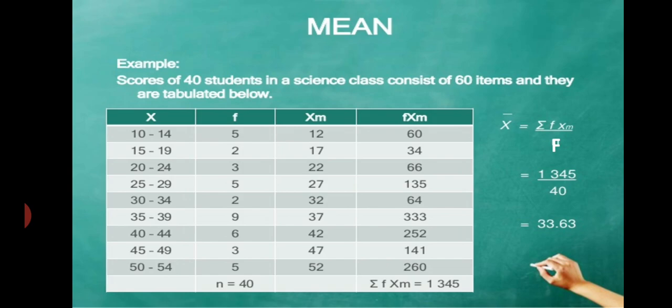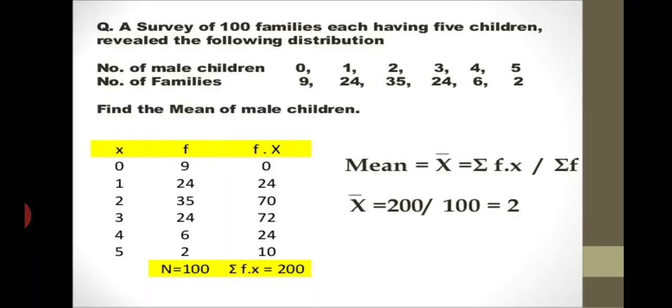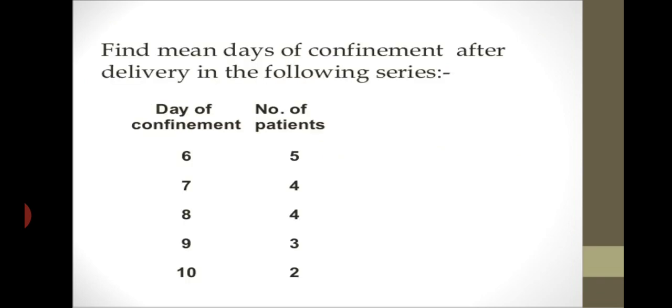That is, x bar is equal to summation of fxm divided by summation of f, and we put in the values and get the answer. Simply, the mean is given with the help of the formula for grouped data.